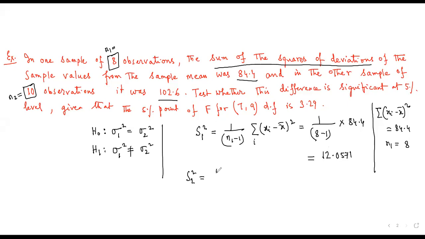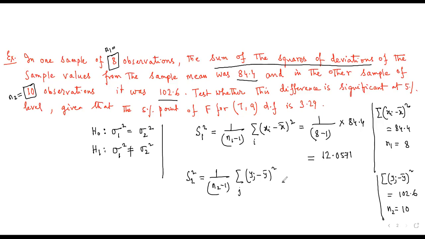Similarly, S2 square can be calculated using the formula 1 by n2 minus 1 summation over j yj minus y bar whole square. This sum of squares of deviation is given to be 102.6, and your sample size is 10. So we apply these values here.